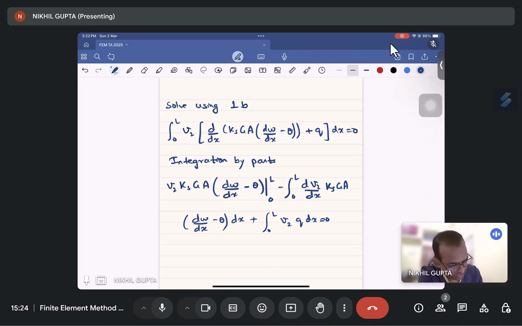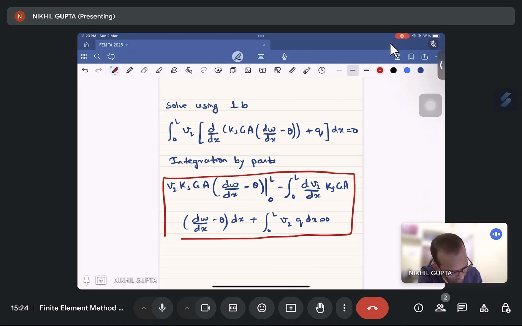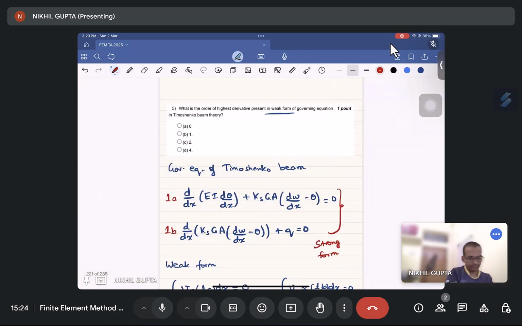So this is the other weak form equation we get from the 1B equation of the strong form.